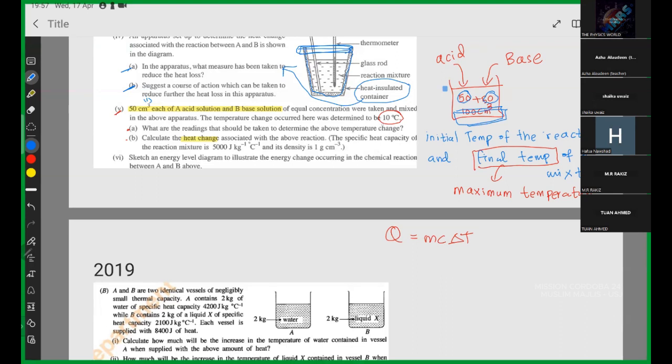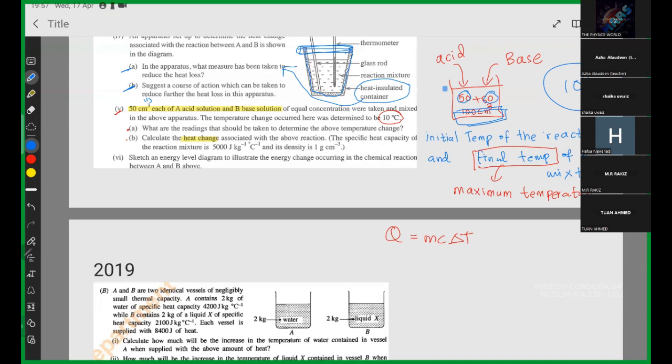Before that, they also have mentioned that they have obtained a temperature change of 10 degrees Celsius. Temperature change means you have to get two temperatures, the starting one and the last. So we find the initial temperature of the reactants and the final temperature.